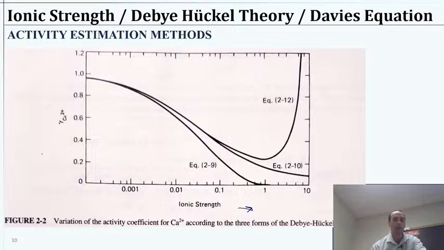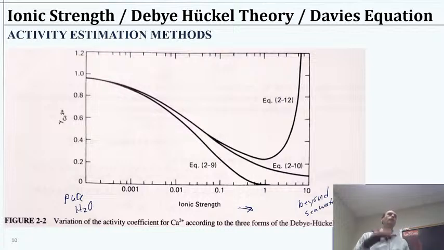On the left, this would be pure water down at 0, and this would be beyond seawater, like Dead Sea territory or something like that. So very salty, very, very high in ionic strength.